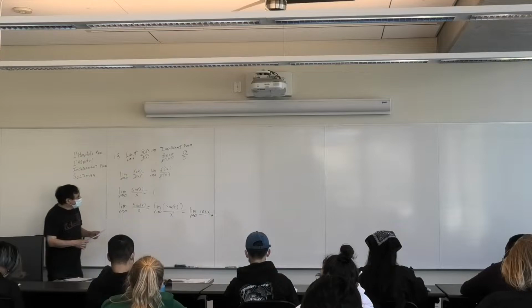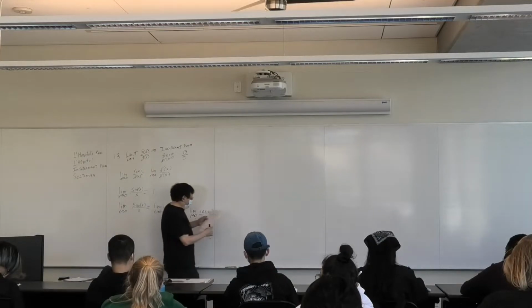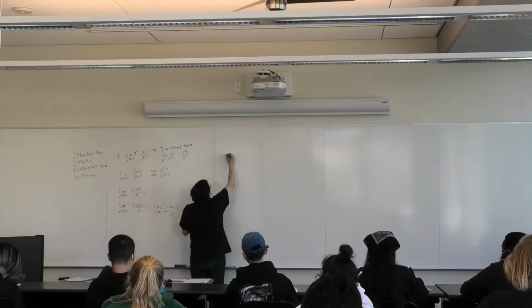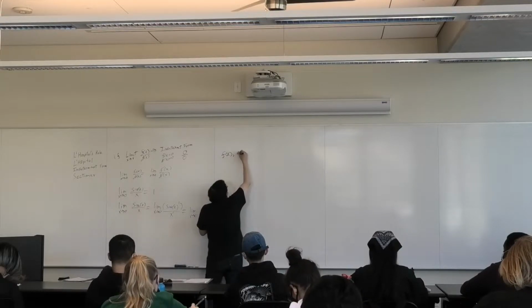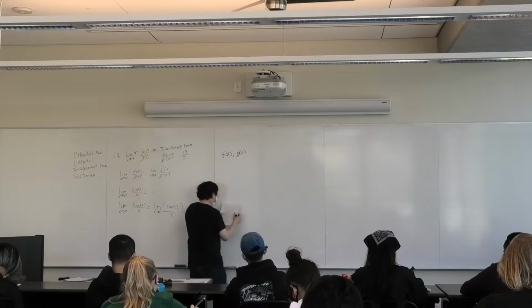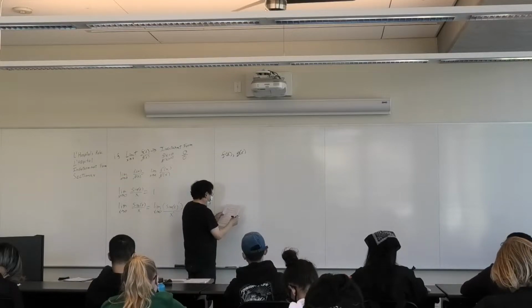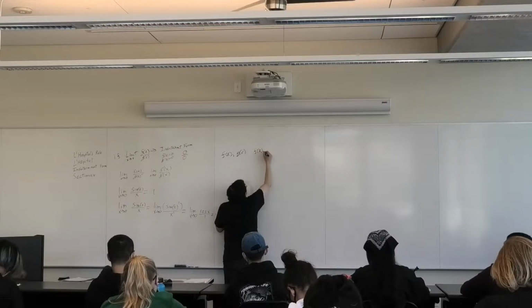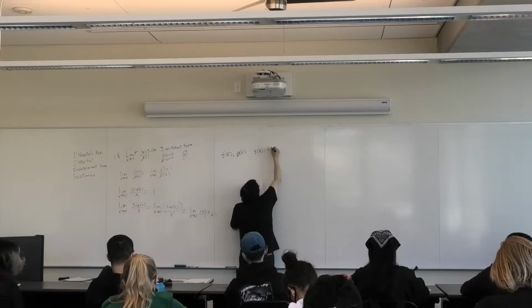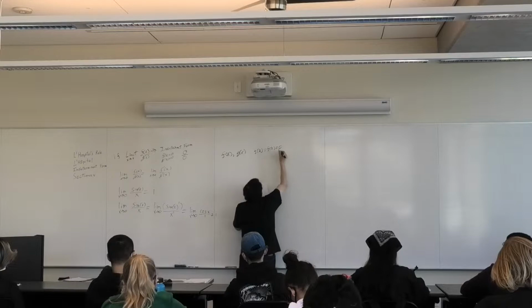Okay. So we assume we have two functions, f of x and g of x, that are continuous, and that for some a, f of a equals g of a equals 0.